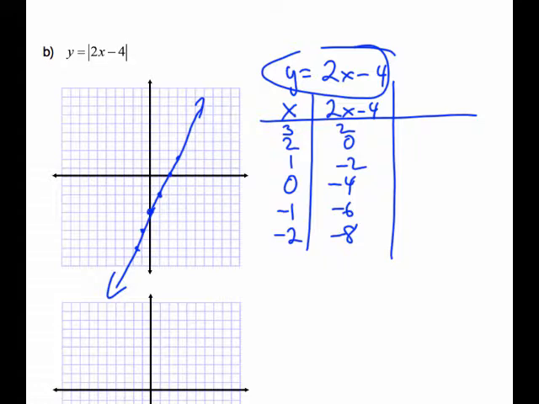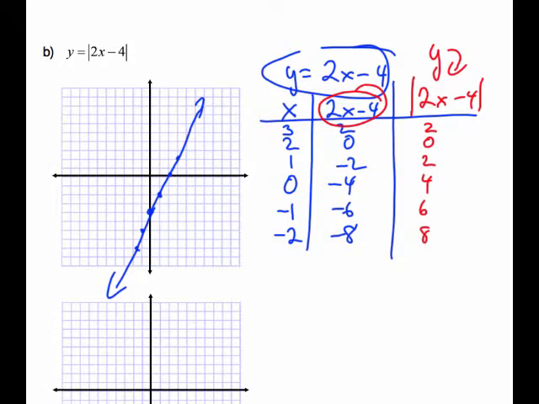Alright, so now when we take the absolute value of this, our output values for y, our new y's, are going to become the positive of the ones from before. So 2, 0, those stay the same, but these all become positive.